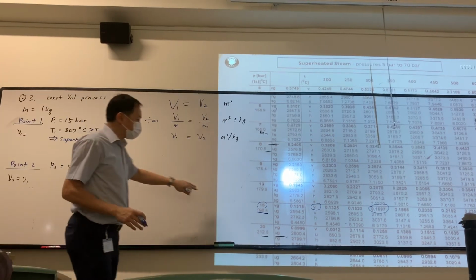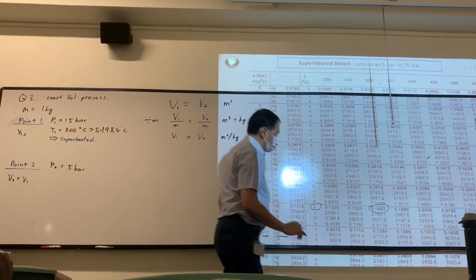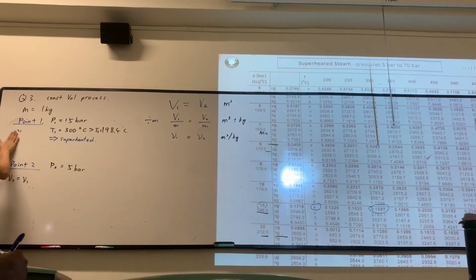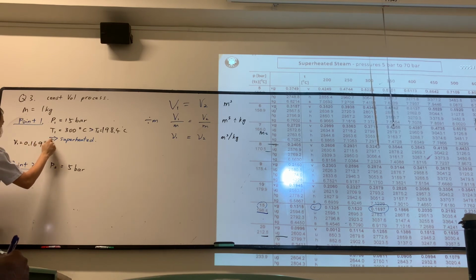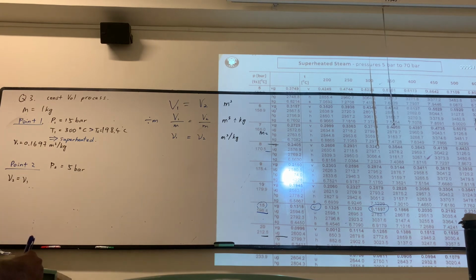Now we look for V. This is 0.1697. So V is 0.1697. Unit is meter cube per kilogram.